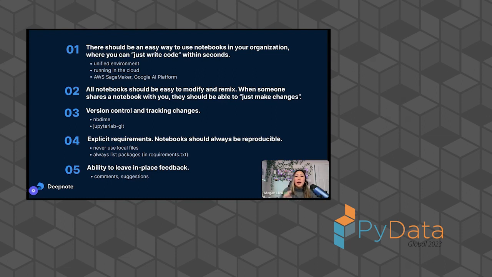And fifth, and probably the most critical way to facilitate collaboration, is being able to leave feedback for your collaborators so that you can create an iterative process together.